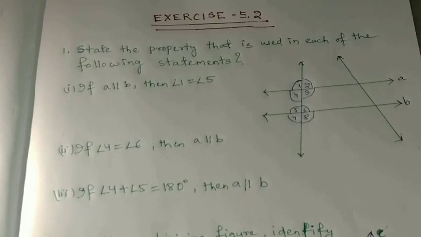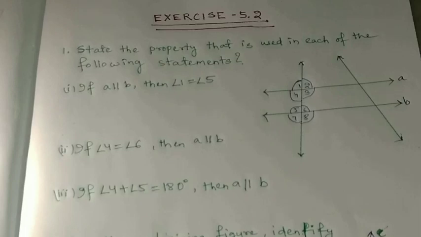Those are interior angles, exterior angles, alternate angles and corresponding angles. And we have studied some properties so that we can prove that two lines are parallel. You can recall this by seeing the video of this chapter.